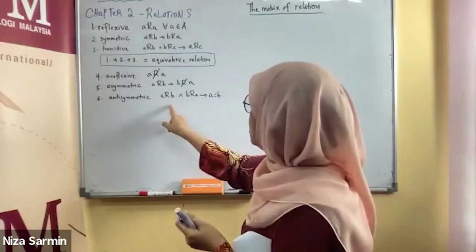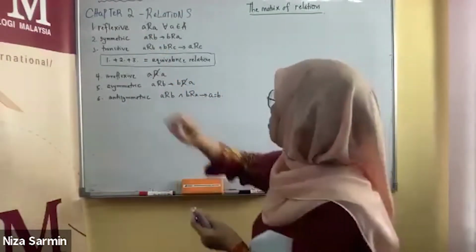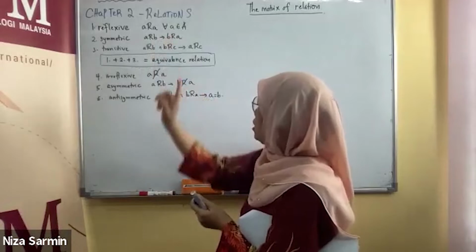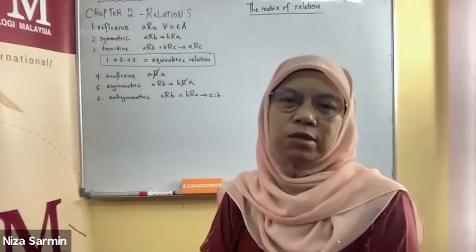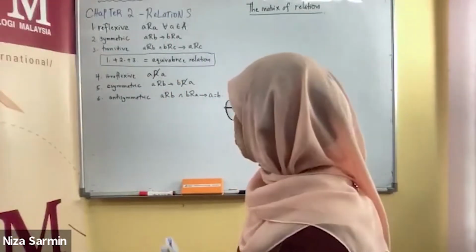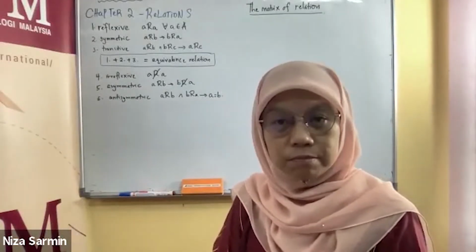It's exactly the opposite of symmetric, actually. Because for symmetric you have to have both, but antisymmetric means you cannot have both of the different ones at the same time. So today I want to continue with the matrix of a relation.